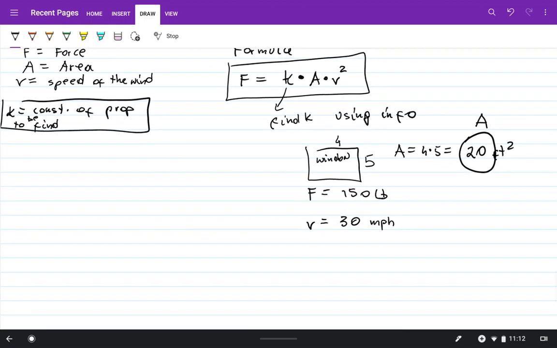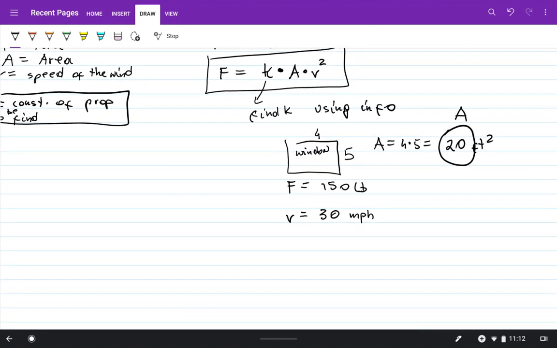Okay, so let's substitute. So we have F, which is 150, equal constant times area, which is 20, times V to a second power. So we have 150 equal K times 20 times 30 to a second power. So from the right side, we'll end up with 18,000.